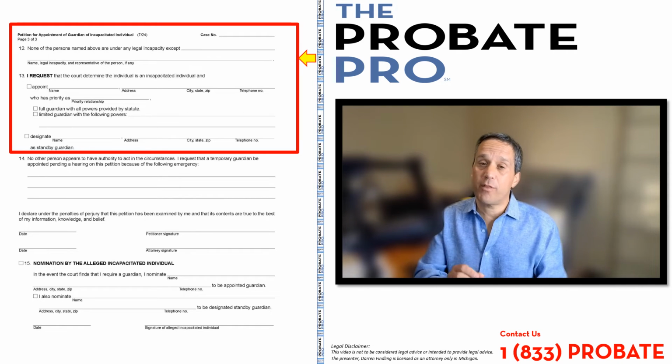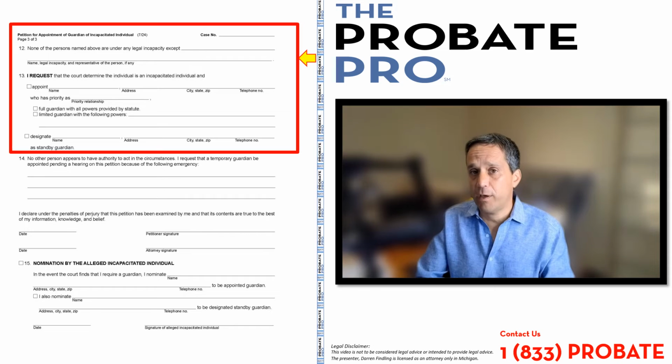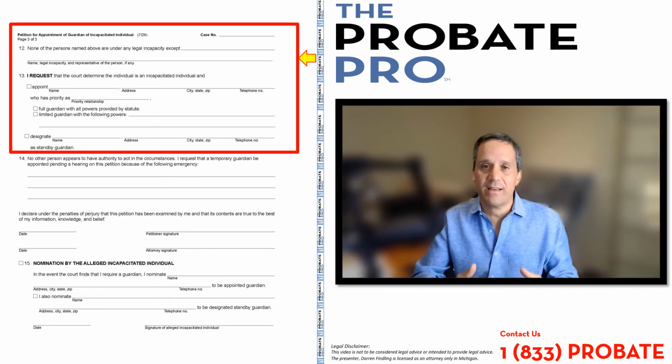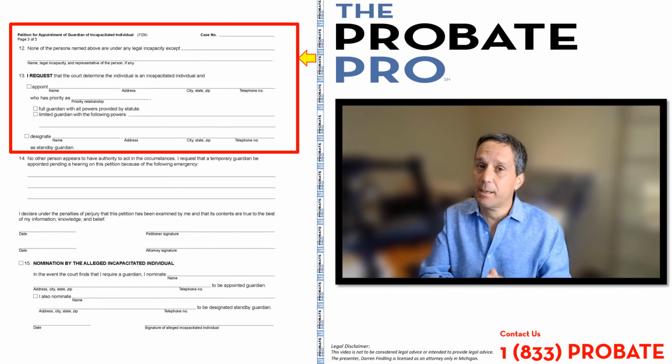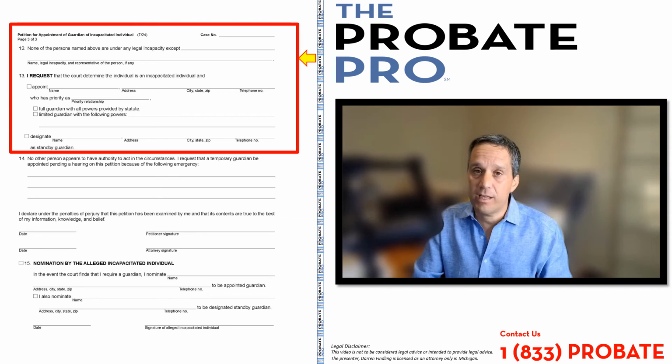You identify whether you're seeking full guardianship or limited guardianship with certain powers, and you can also designate the person as a standby guardian. So you could have a primary guardian who may be appointed full guardian, and in the event that that person dies, becomes incapacitated, or resigns, you have a standby guardian available.